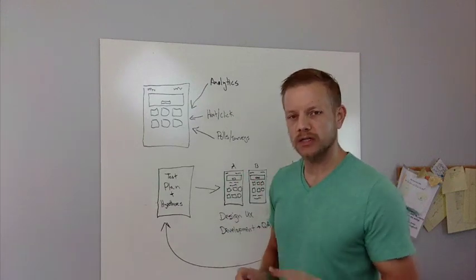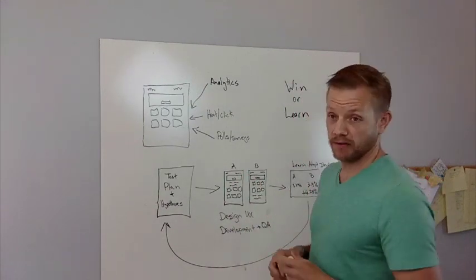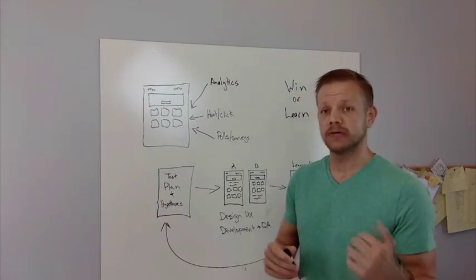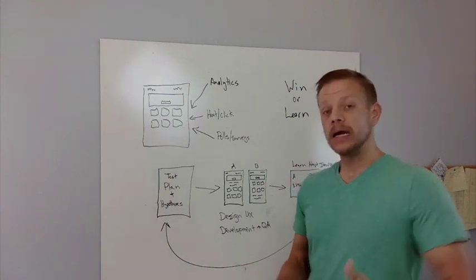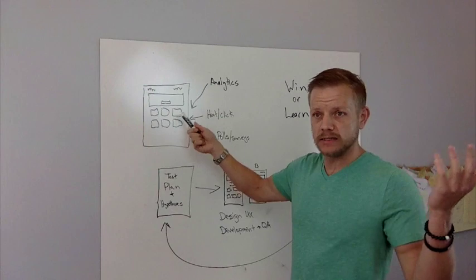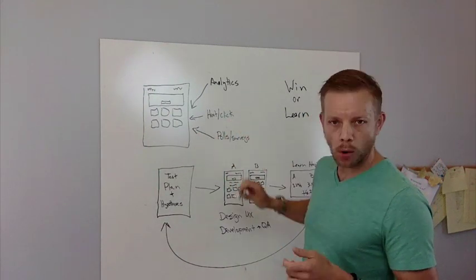And I wanted to touch on that, pull out the whiteboard here and really just identify and show you what actually goes into effective optimization for you to get exponential growth in your marketing effectiveness. So here we've got just a basic website. And we've got things like analytics, we've got heat maps, we've got polls and surveys.